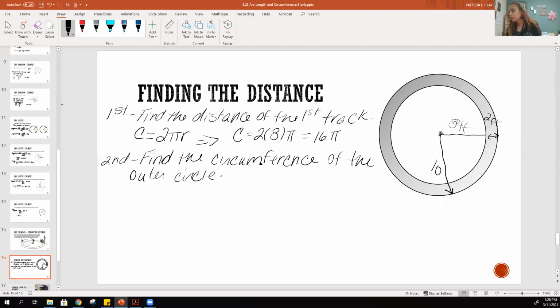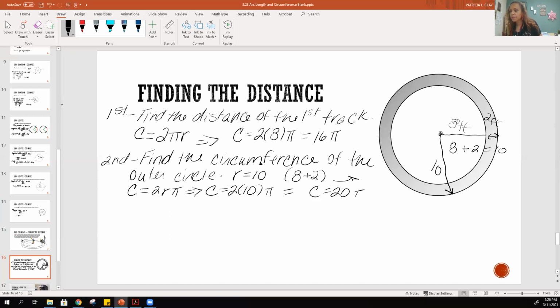It'd be 8 plus 2, which gives us 10. So that gives us our new radius for the outer. So this radius is 10, and we found that by saying x plus 2, just in case you forgot. Now let's plug that in. Circumference is equal to 2 times r times pi. So we have 2 times 10 pi, which is equal to 20 pi.